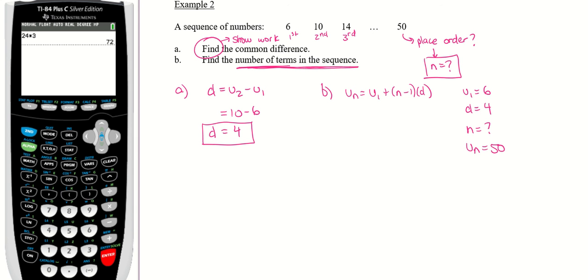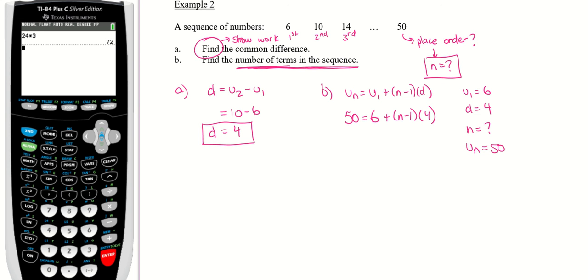So based on that, I'm now going to substitute in what I know and do some algebra to figure out the rest. So un this time is my known. I know the value of the thing in the list, I just don't know where it falls in the list. So u1 is 6, n is unknown, and d is 4.